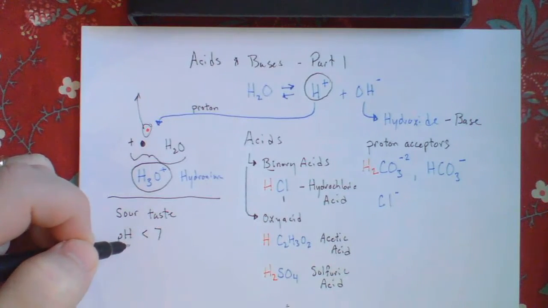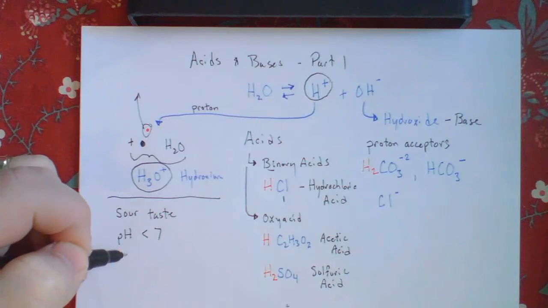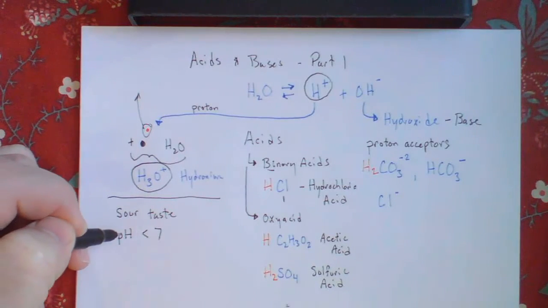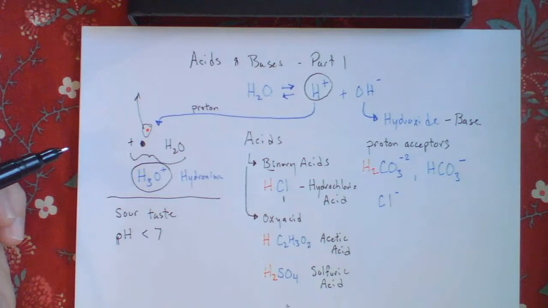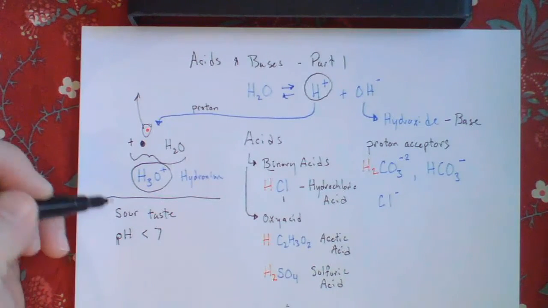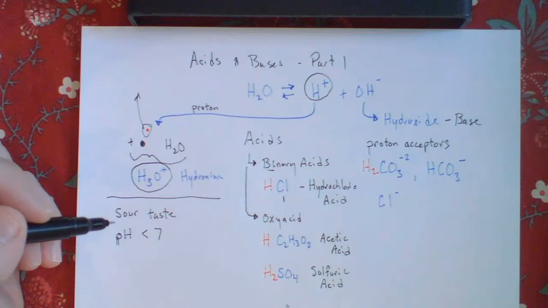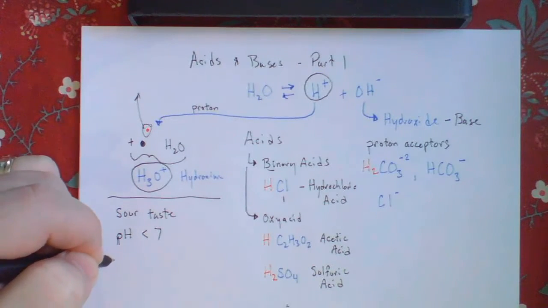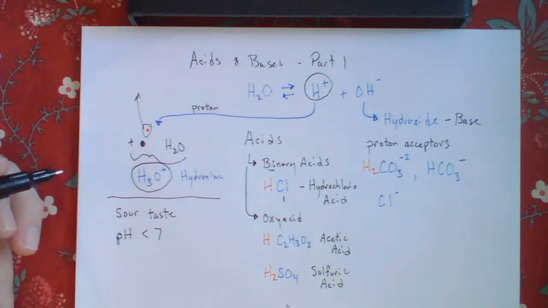I don't have that one right off the top of my head, but I'll double check it later when we talk about indicators. So sour taste and pH less than 7. That's usually something that we look at when we see something that's acidic. And these are in a lot of the foods that we eat.